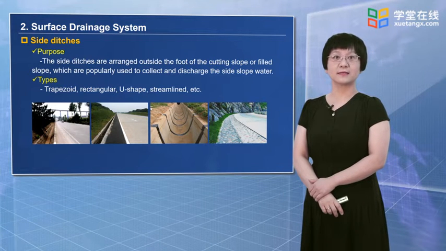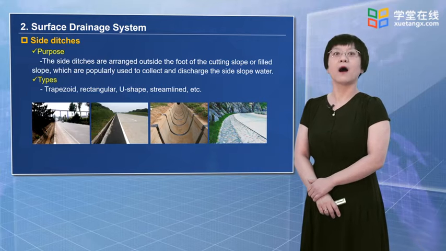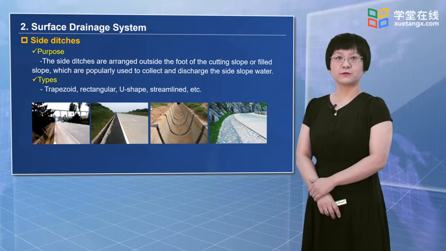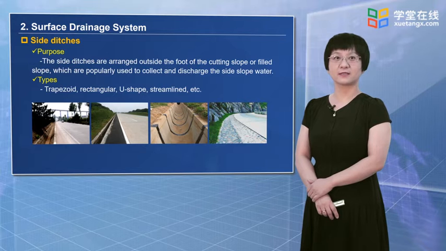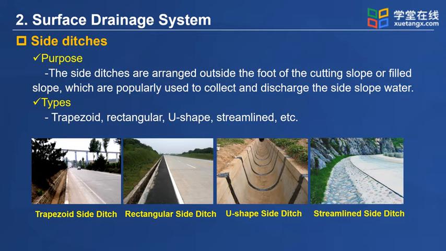The side ditches are arranged outside the foot of the cutting slope or fill slope, which are popularly used to collect and discharge the side slope water. According to the shape of the cross section, the side ditches are divided into trapezoidal, rectangle, U-shape, streamlined side ditch, etc.